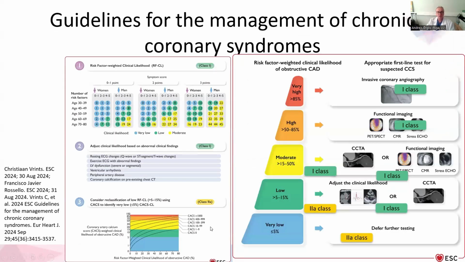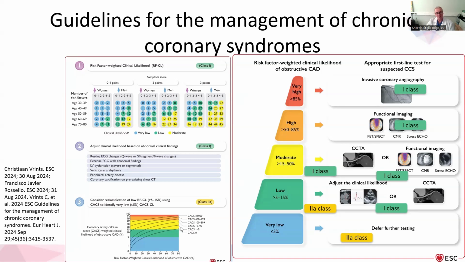I'm talking about this because if you look at the guidelines for management of chronic coronary syndromes, you see how big a role calcium plays today, which we can detect by different kinds of examination, from angio, and from CC angio, coronary computed tomography angiogram, and other things.